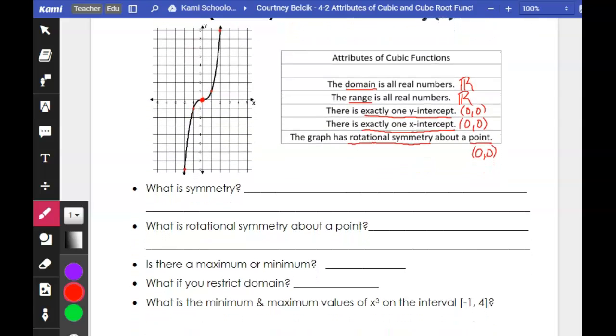So what is symmetry? Well, we've talked about rotational symmetry, and we've discussed symmetry in the past. Symmetry is when one shape becomes exactly like another if you flip it, slide it, or turn it.